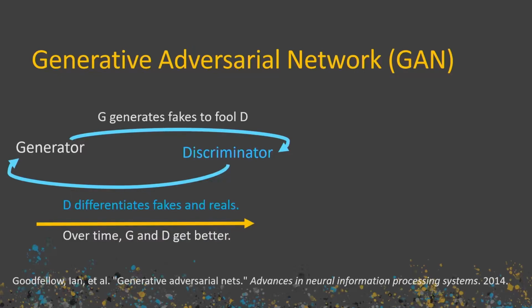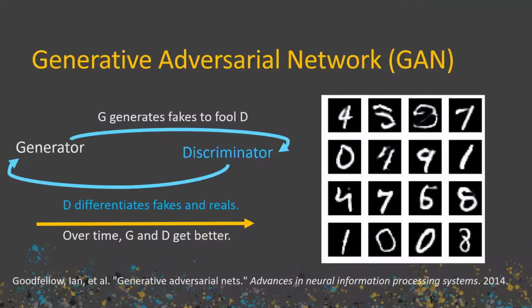But over time, the discriminator also gets better at classifying real from fake. Essentially, this is where the idea of GAN comes from. It's two neural networks playing a two-player game, and you can consider the generator a counterfeiter trying to make counterfeits, and the discriminator the police, and both get better by playing this arms race.